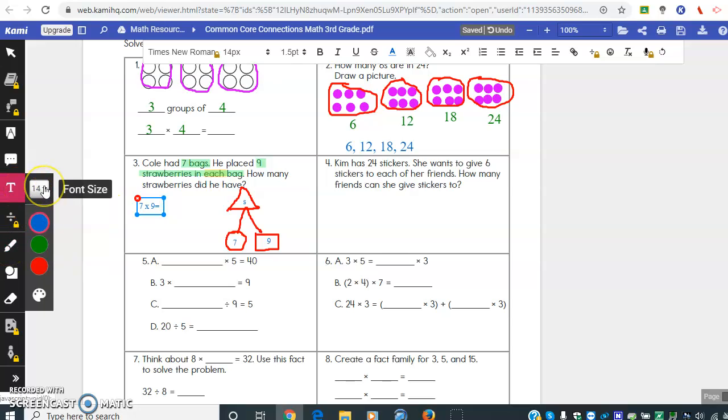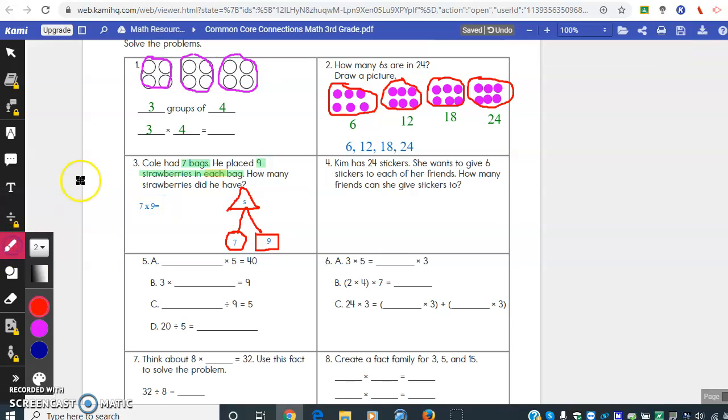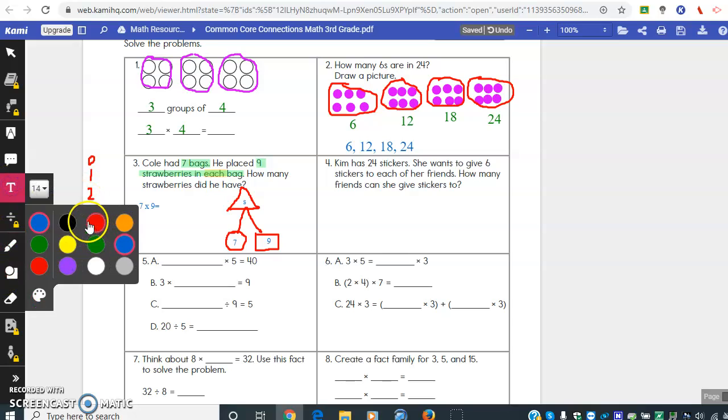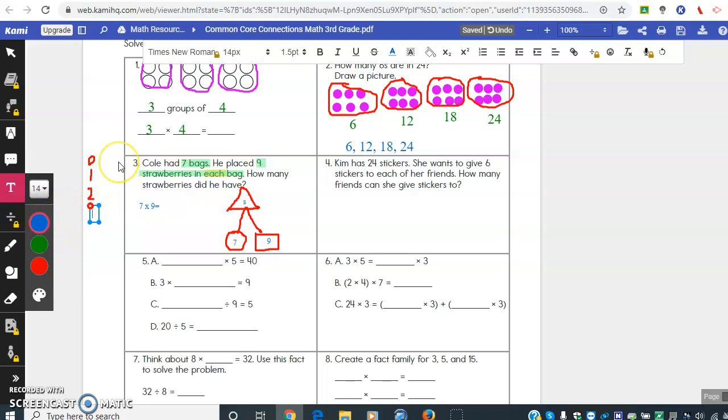I'm not sure if I can do it in a text box, so I'm going to go ahead and write it out. Remember, you can do 0, 1, 2. Oh, I can't do this in a text box. Let's make this a little bit neater. Right here. 0, 1, 2, 3, 4, 5, 6, 7, 8, 9.